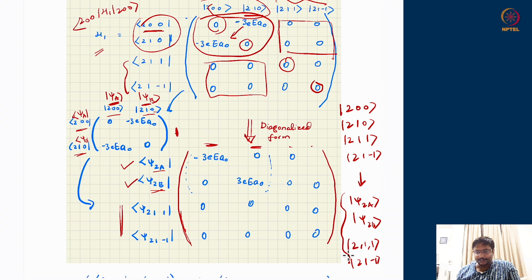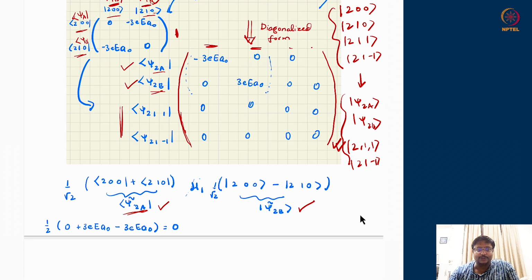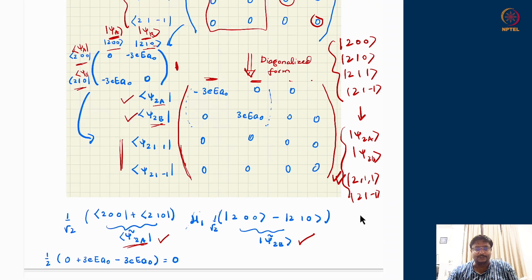All these have the same energy as each other, but this basis has the benefit that the perturbation Hamiltonian is also diagonal in this space. So you can do this business carefully over there. There is no problem.